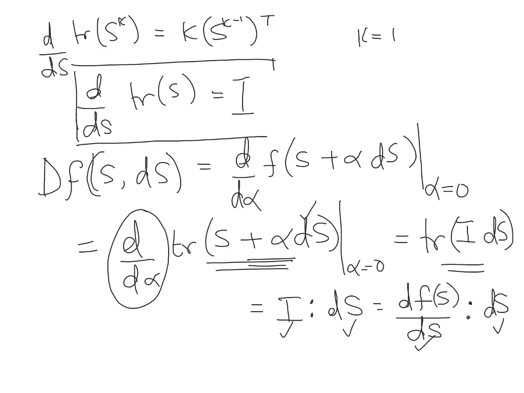And using the Gateau-Frechet relationship, we have been able to show that. Remember that this F here is a scalar valued function, and our F in this case is our trace. So we are able to see that the derivative of the trace of S with respect to S is the identity tensor.